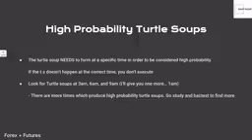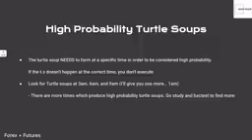If the turtle soup doesn't happen at the correct time, you don't execute. Let's say you're looking for a turtle soup at 3 a.m., but the turtle soup happens at 2 a.m. You do not enter. You wait for the next setup. Simple. Filter your trades.